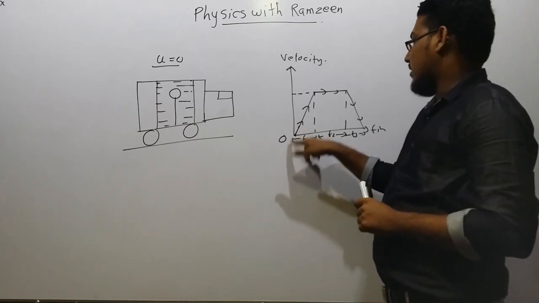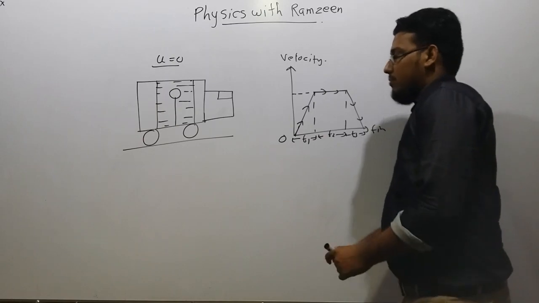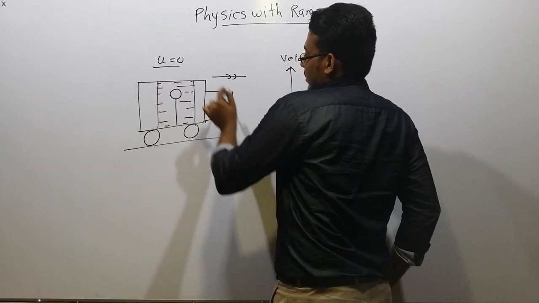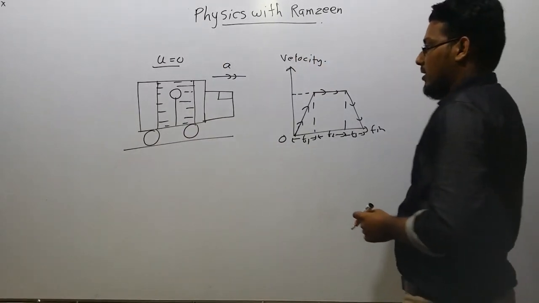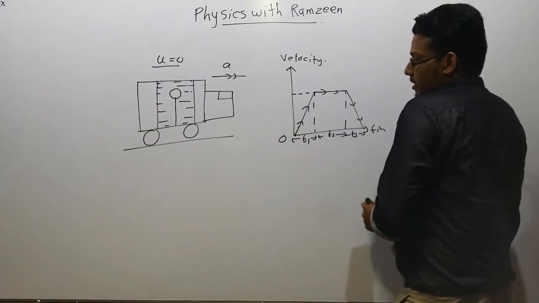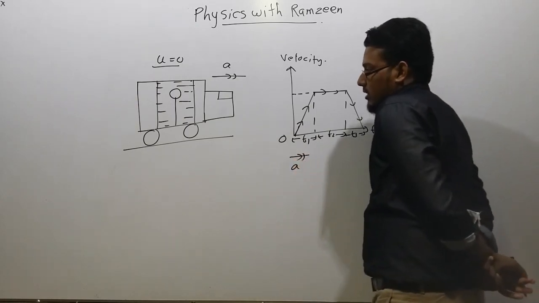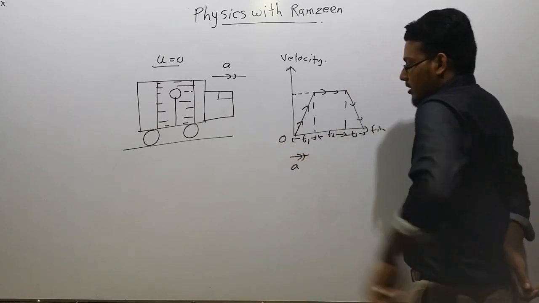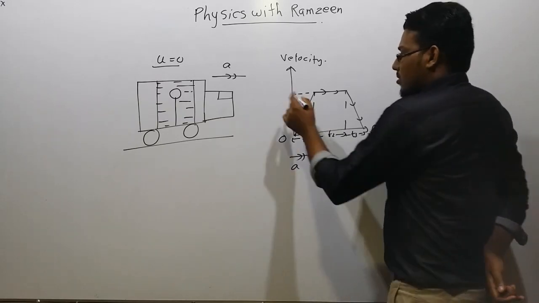So why does this velocity increase happen? Because the acceleration is acting in the same direction, which means the forward direction. After T1, first of all the force or the acceleration acting on the truck is in the forward direction, and in the T2 time there are no velocity changes.